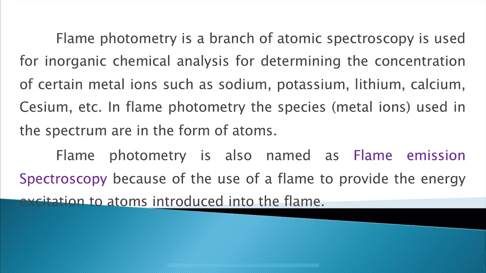Group 1 are alkali metals like lithium, sodium, potassium, rubidium, cesium, and group 2 is alkaline earth metals. These are very sensitive towards flame because of their low excitation energy.